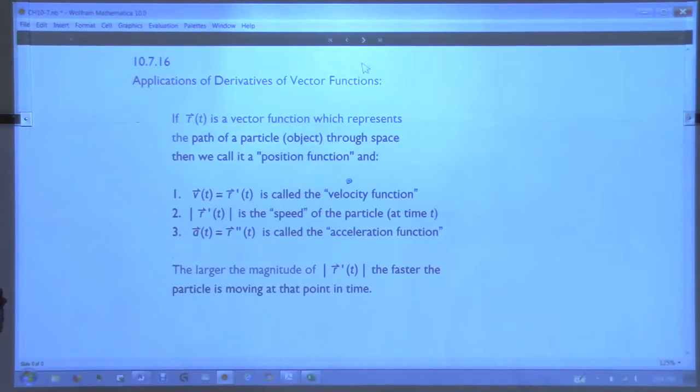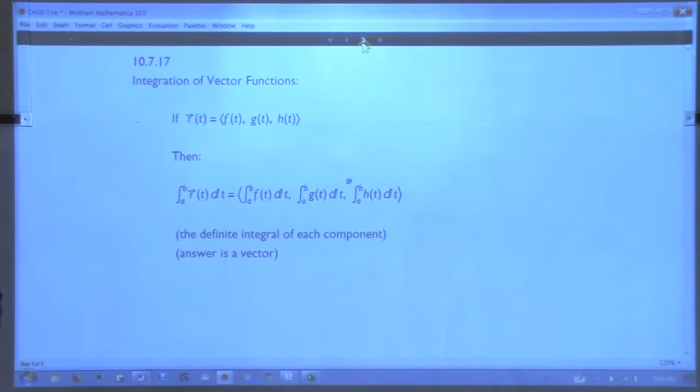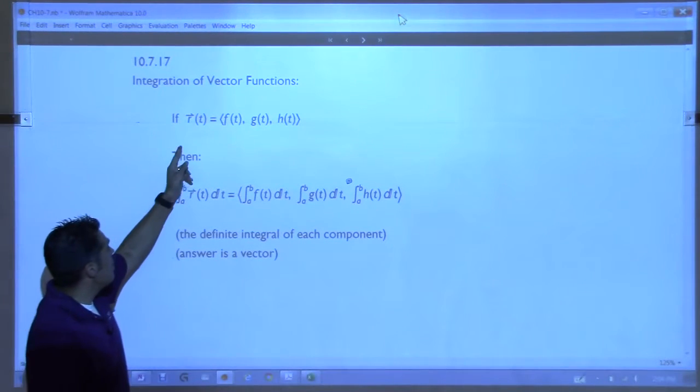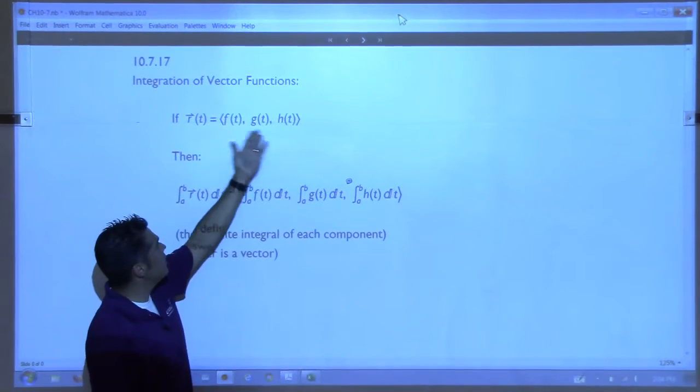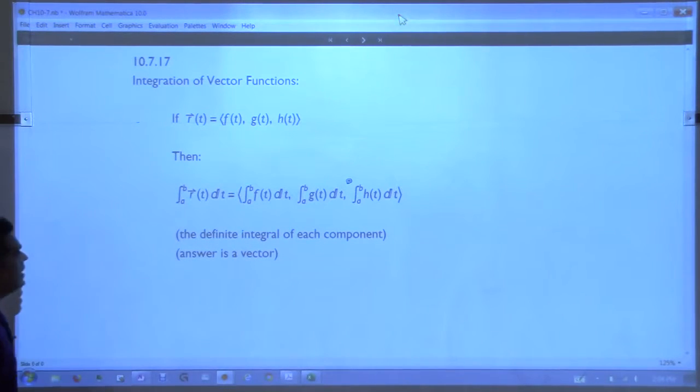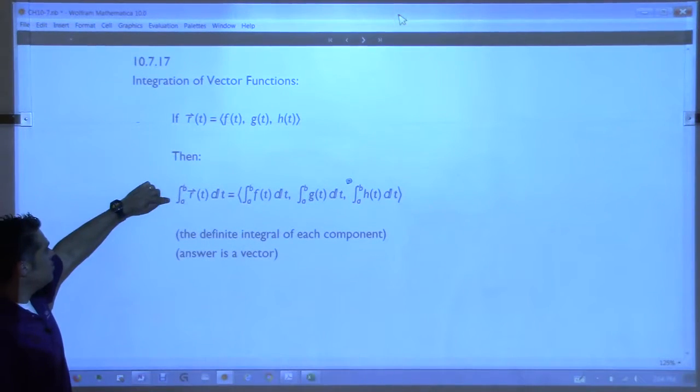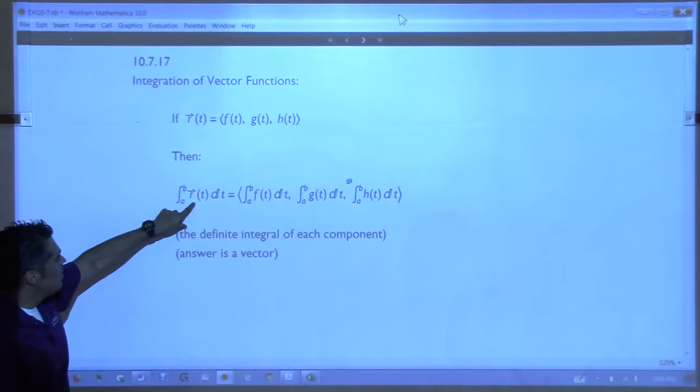So now we're going to go the other direction, and we are going to talk about the antiderivative of a vector function. So if you're given a vector function r of t, and in this case we're going to use a three-component function, then the integral from a to b of your vector function, again, good news here.